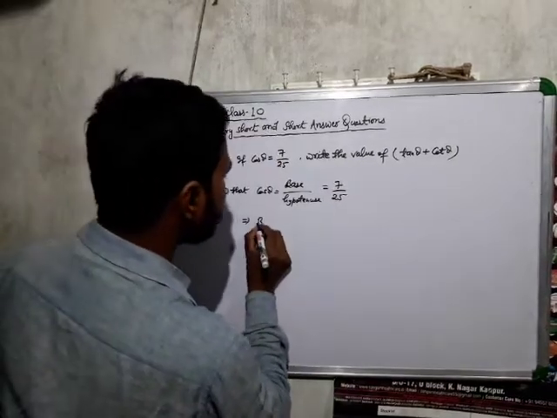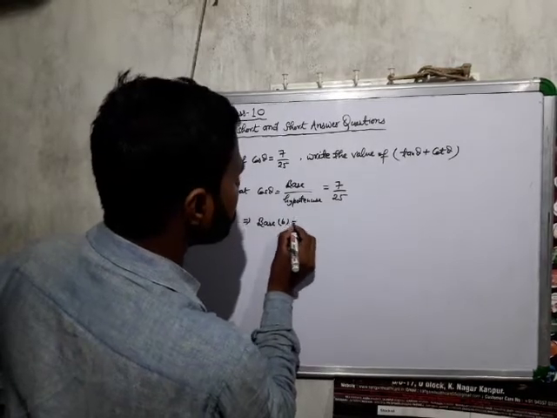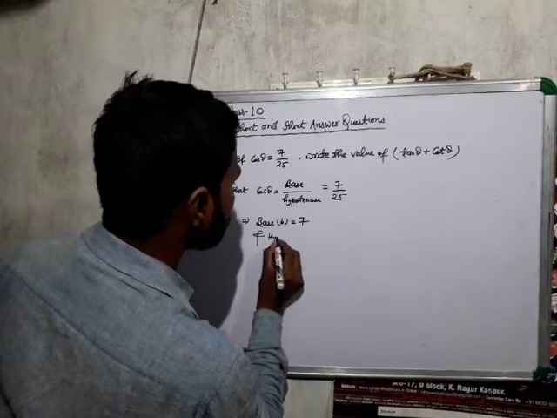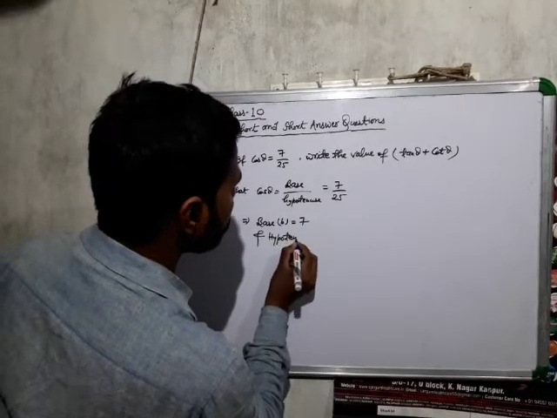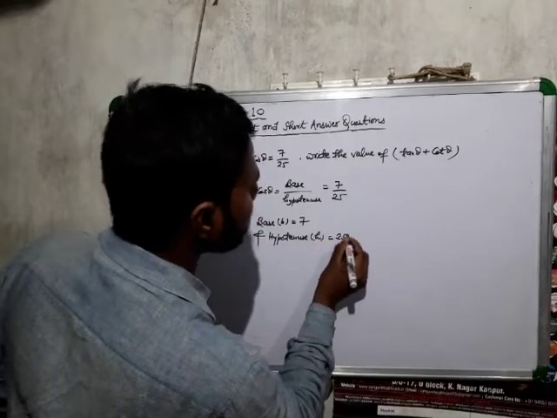This implies that base B is equal to 7 and hypotenuse H is equal to 25.